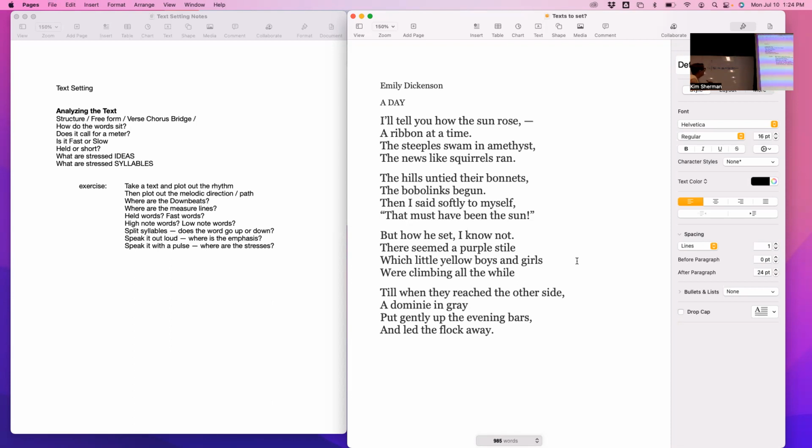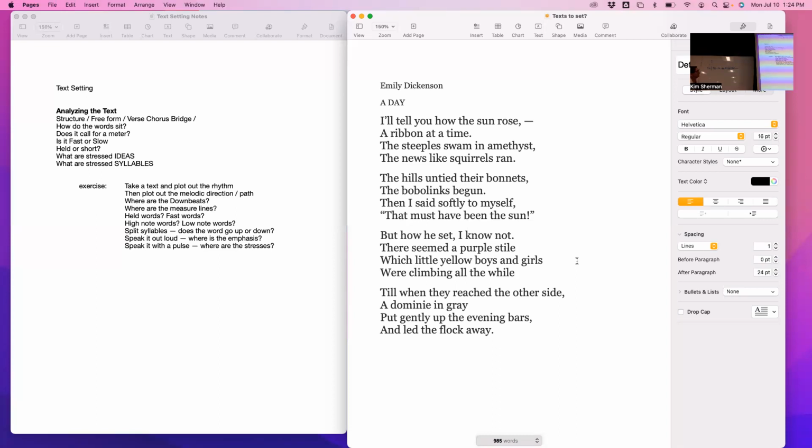Do you think it's 6/8? Then we get the two downbeats instead of worrying about it. I think it might be 6/8, and that just goes with normal speech a lot better. Each word is explaining, like a ribbon at a time, the twirl.